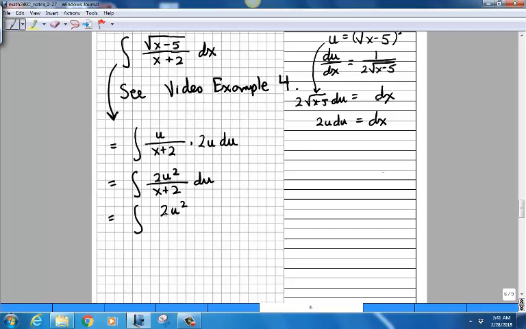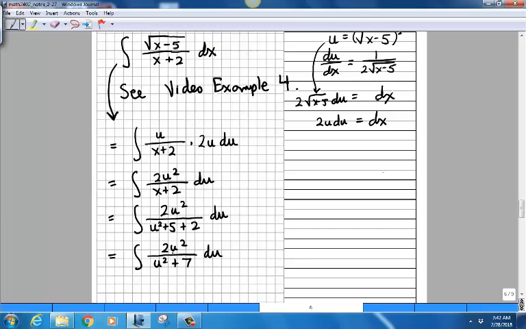So I get 2u squared over, so remember that x was u squared plus 5, so I'm going to substitute u squared plus 5 for x. Plus the 2 is still there, and then du. So we finally get here, after all of that, 2u squared over u squared plus 7.